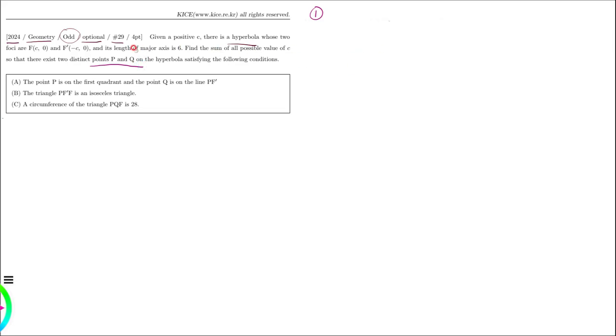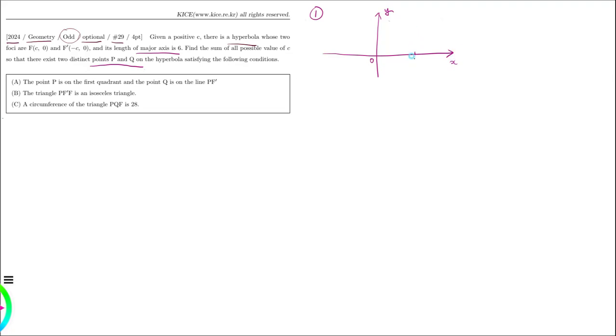It has a major axis of 6, so we can simply draw any hyperbola which is symmetric with respect to the y-axis here.